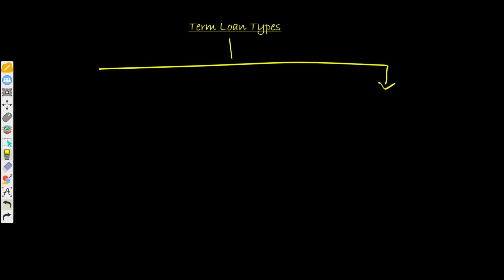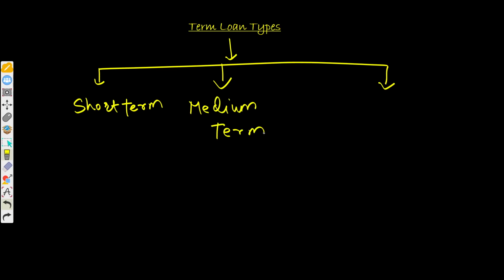So there are 3 types of term loans: short term, medium term, and long term.